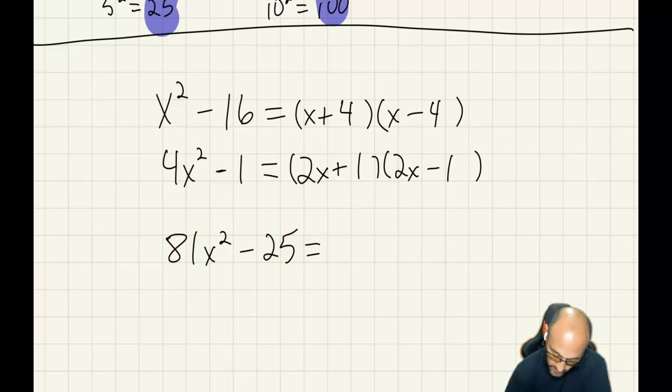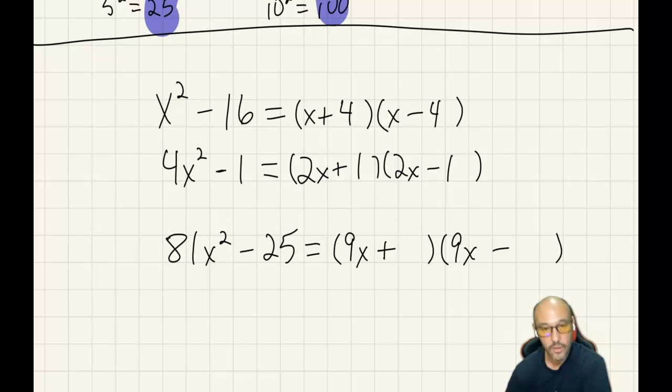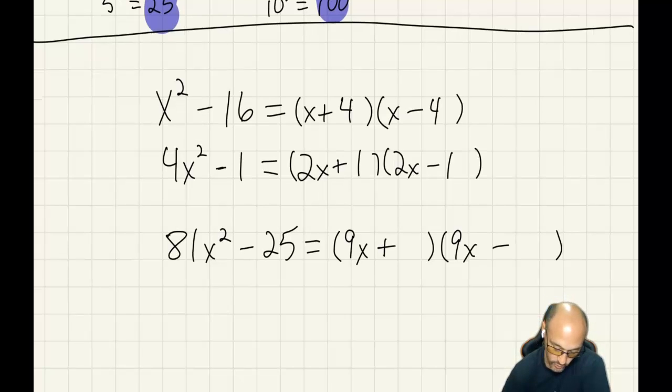So when we factor this, it's going to factor into two binomials, since 81 is 9 times 9, or 9 squared, and x squared is x squared, so then we have 9x and 9x. Add and subtract, and then 25 is equal to 5 squared, and there it is.